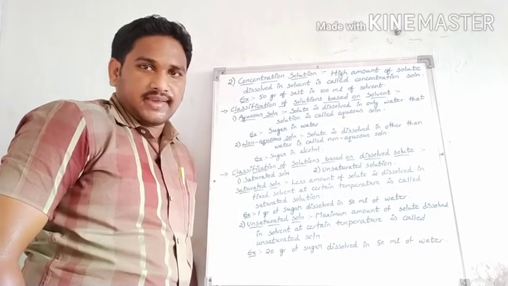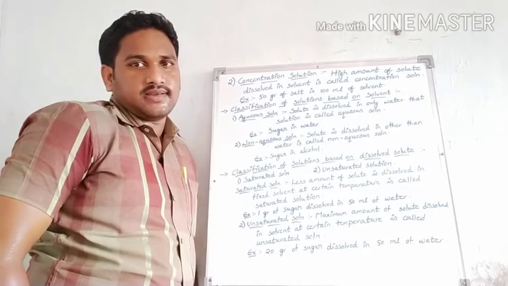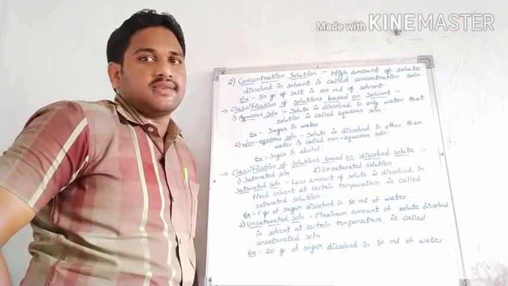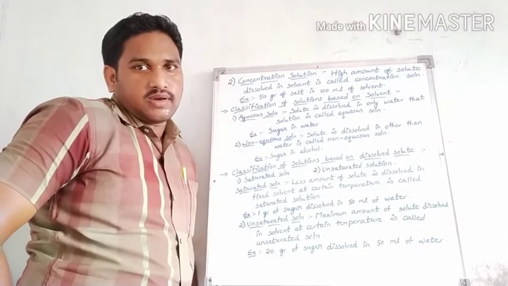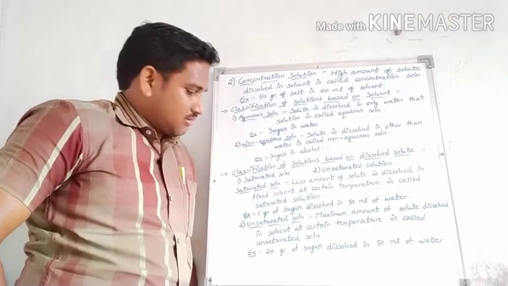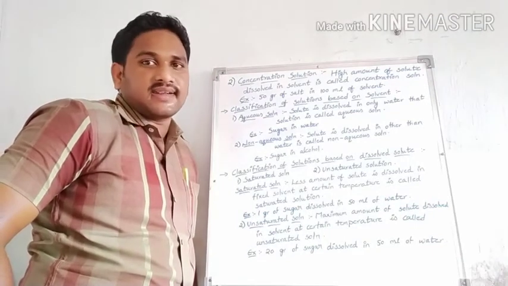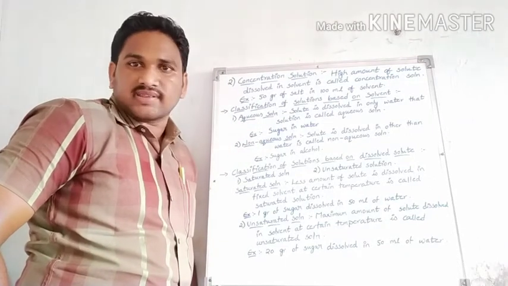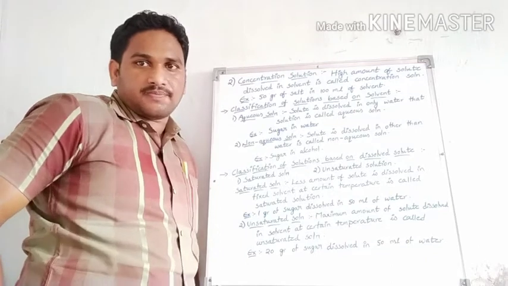If we increase the temperature, the solute will be completely dissolved in the solvent. That type of solution is called an unsaturated solution. Students, is my point clear or not?